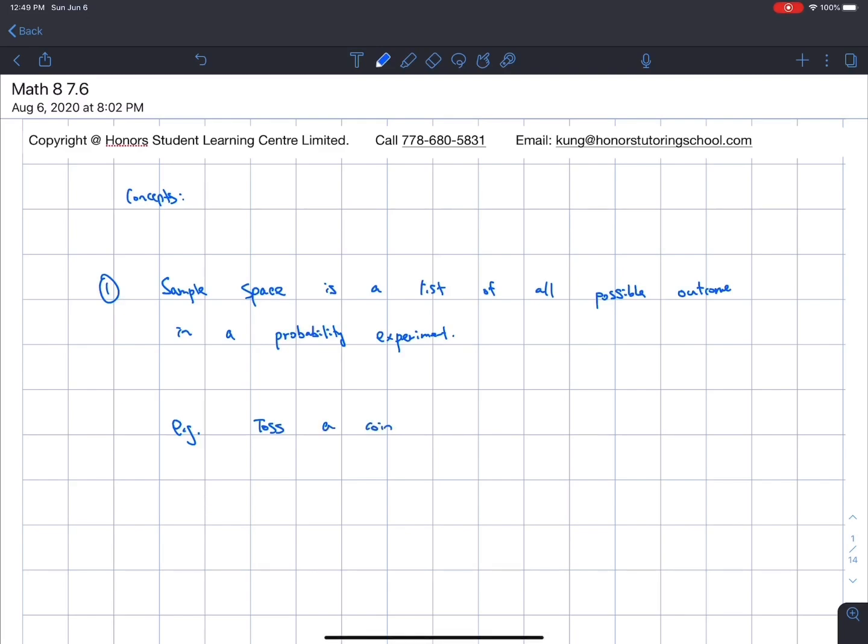Our sample space. So usually we use this set bracket. This is a special bracket called a set bracket to contain the possible outcomes in the sample space. So our sample space from tossing a coin will just be head or tail. So those are the possible outcomes.